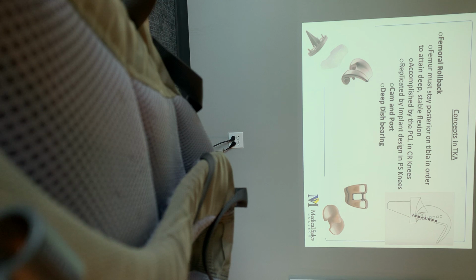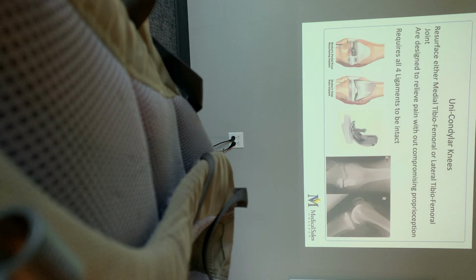You have the PCL, right? So femoral rollback in the two major systems is either the cam and post, or the PCL and the cruciate retaining. That's what gives us the component to roll back the posterior aspect of the tibia.